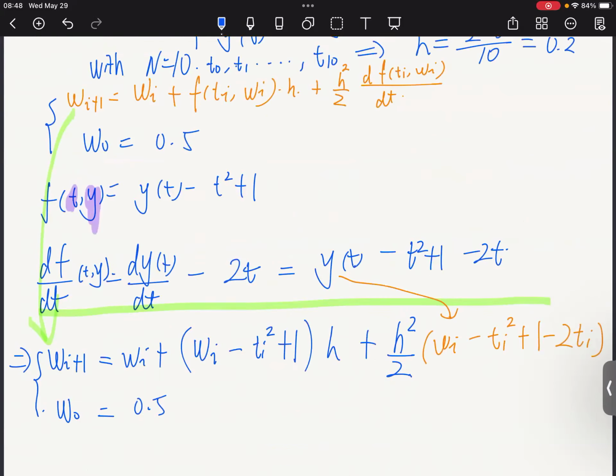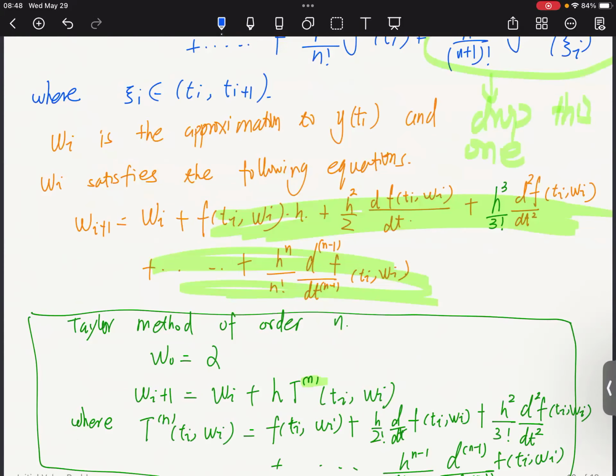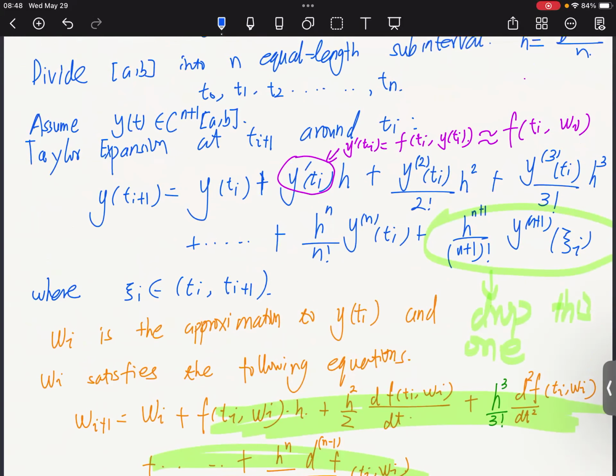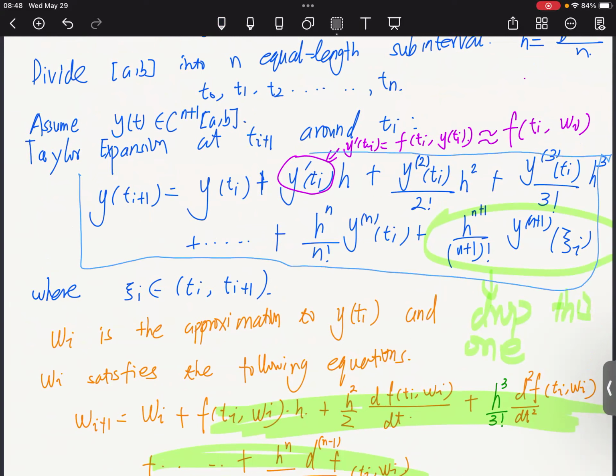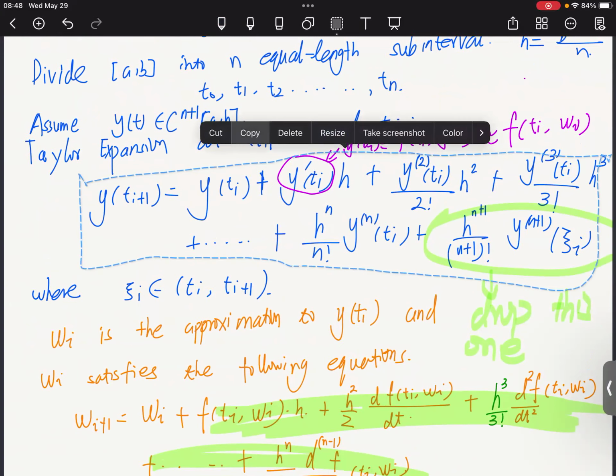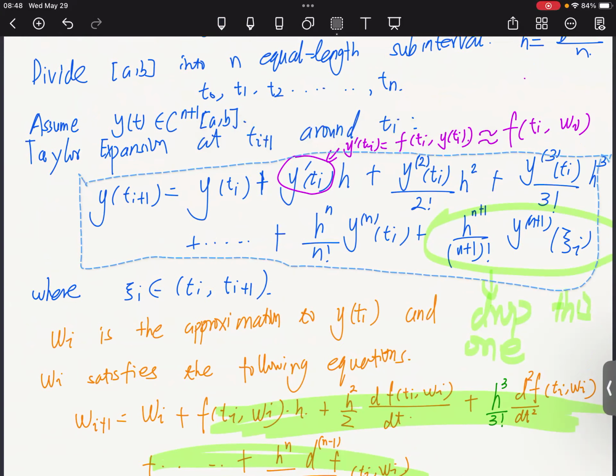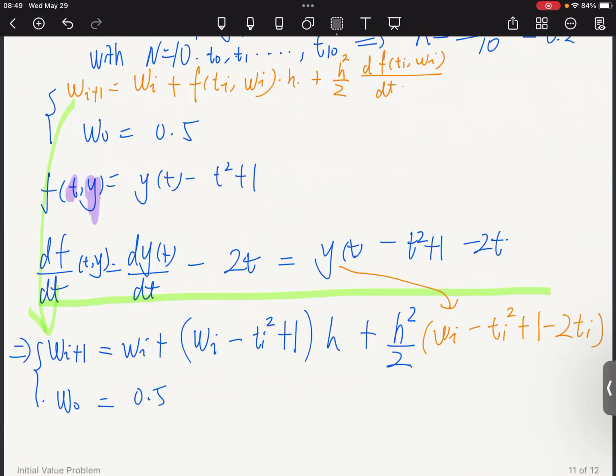Let's go back to the formula we have here. So actually you have the Taylor expansion, and then we go from the Taylor expansion to the Taylor's methods. So let's copy the Taylor expansion here.